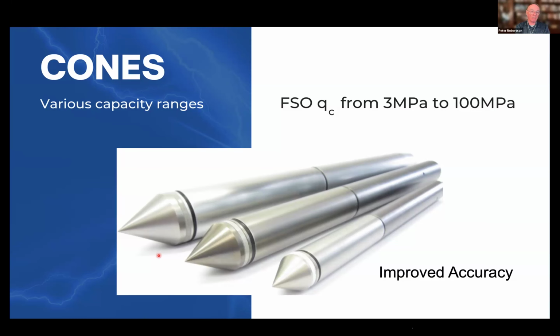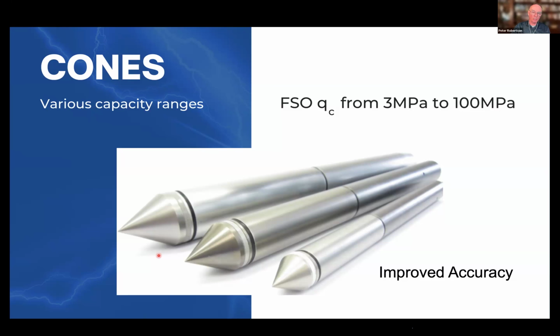But if you're pushing into very soft ground, to have improved accuracy, you want to use a cone of a lower capacity. And now they make cones down to as low as 3 megapascals on the tip. So there's a wide range of cones of different capacities, which means they have different levels of accuracy. And generally what happens is, if you're not quite sure how hard the ground is, you typically use a high capacity cone to start with.